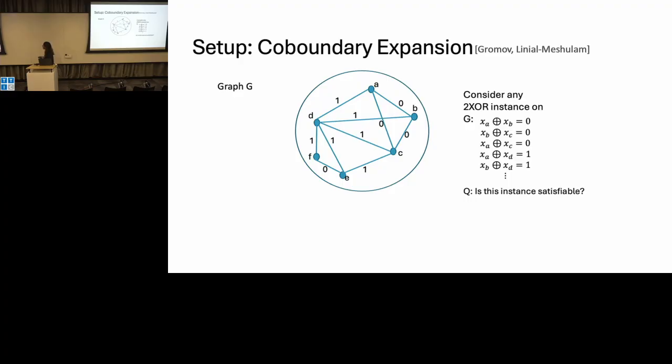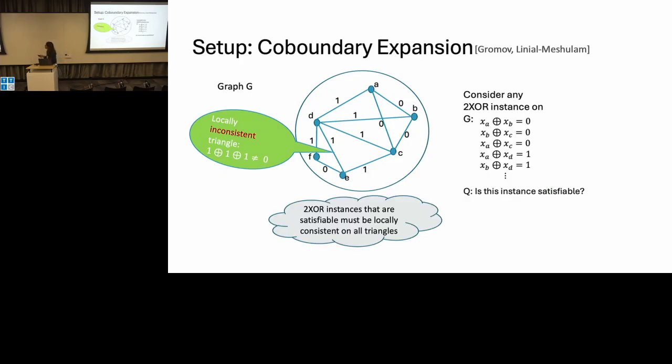In this particular instance, you would see that it has a triangle with 1 plus 1 plus 1 not equal to 0, so you can conclude it's not satisfiable, because any satisfiable instance must have all triangles consistent. Their edges must add up to 0. So this is a locally inconsistent triangle, which is a witness of unsatisfiability.